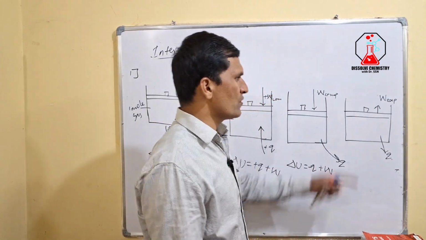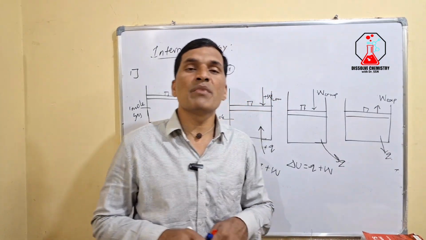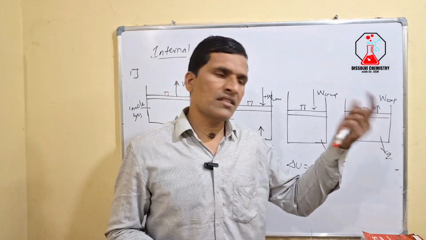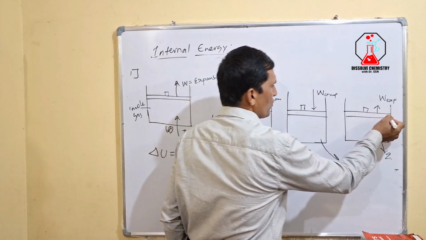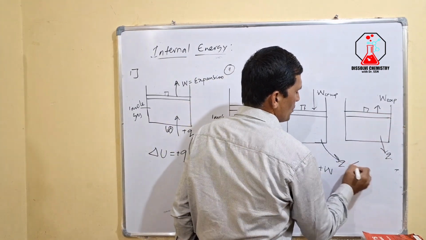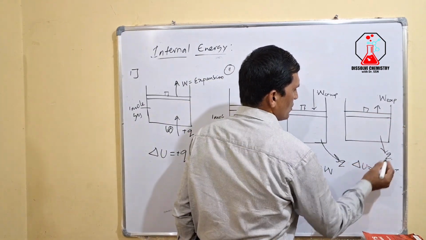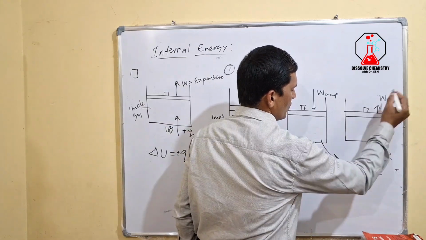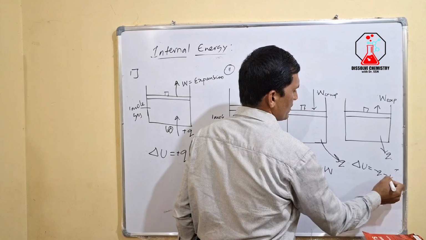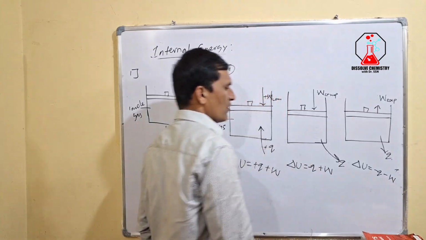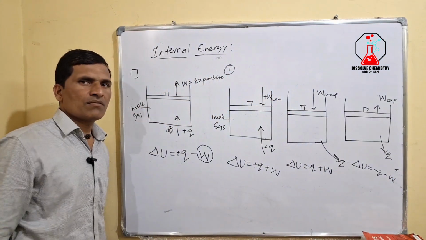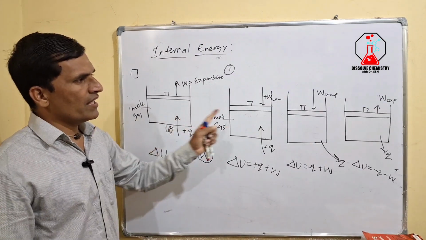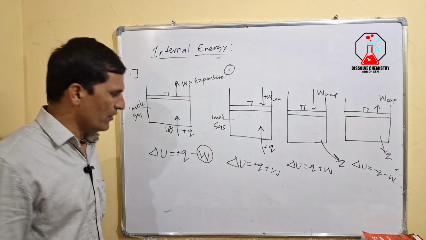From both ways, internal energy is being utilized to give out heat as well as work. So what do you expect? The delta U is equal to, heat is going out, so minus Q, and expansion work is done, so minus W. So this is how we see the signs of Q and W, and how they are going to vary in various ways.